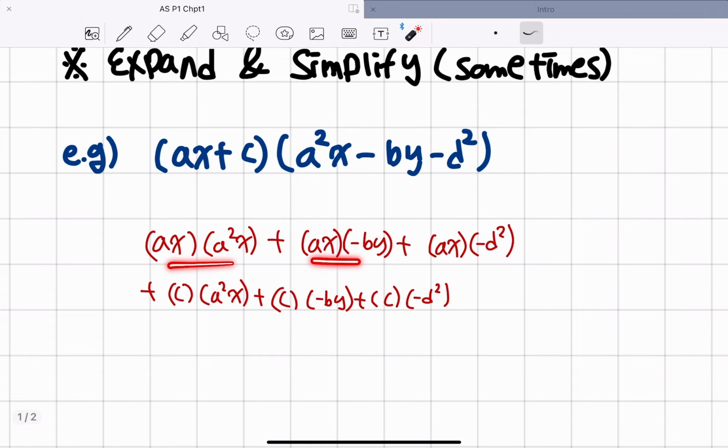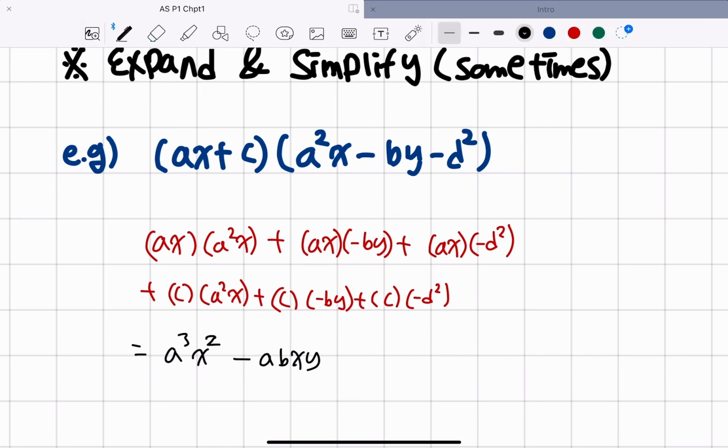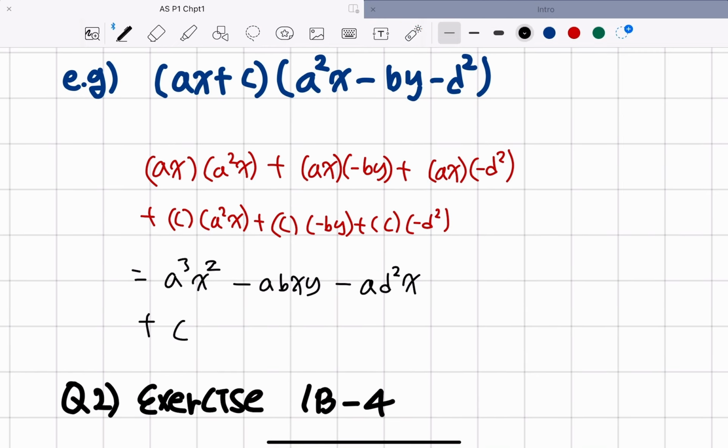And then we can calculate and simplify. For ax times a²x, we can write a cubed x squared. For ax times minus by, we have 2 different letters, a and b, so we write minus abxy. The third one, ax times minus d², is minus ad²x. Then c times a²x is ca²x. Next, c times minus by is minus bcy.